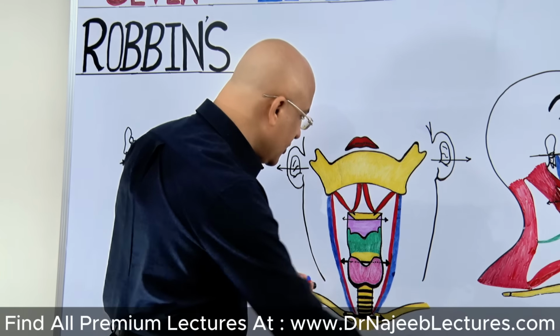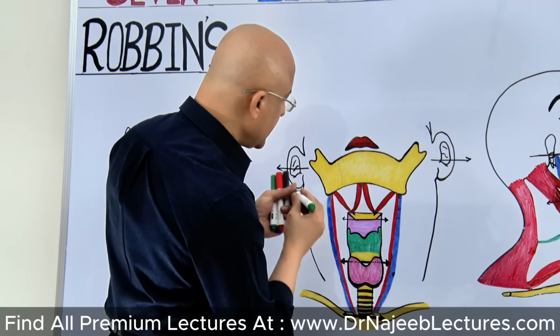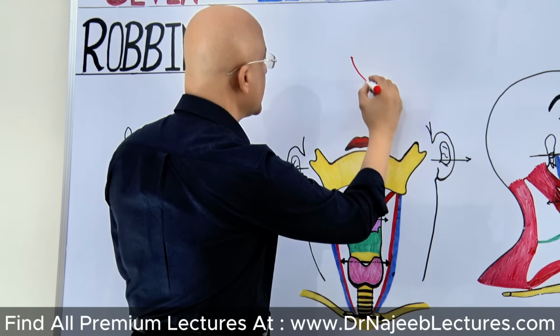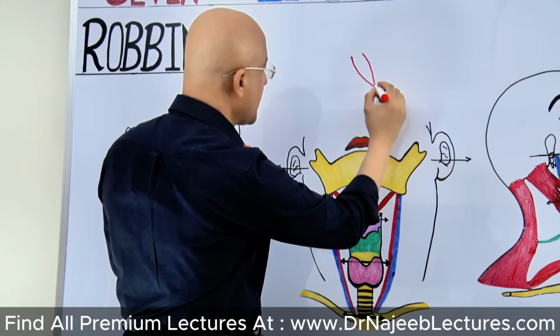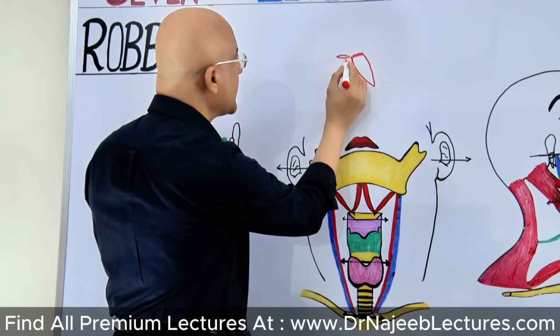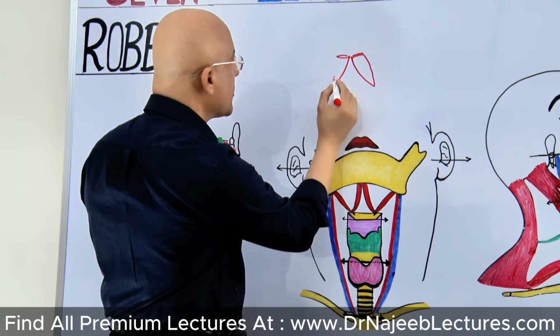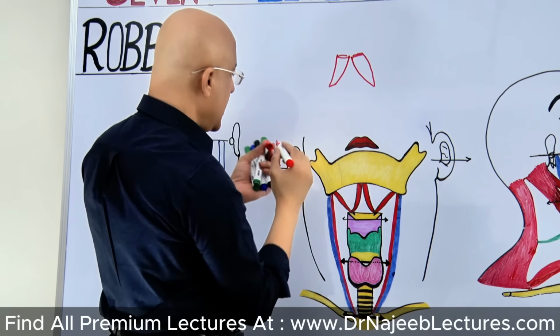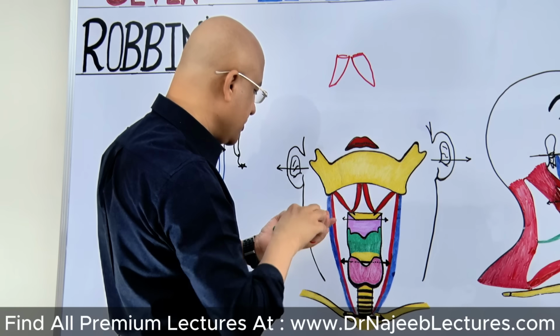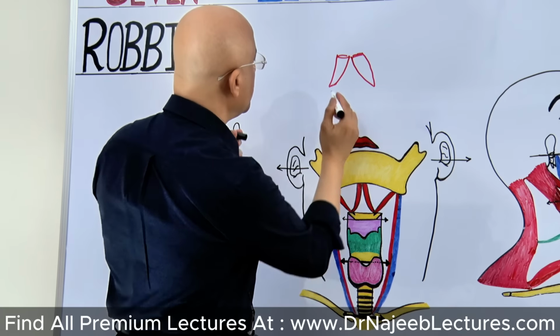I will just draw it here, the digastric anterior belly on one side, this one I have drawn, and the other digastric belly here. And what is the bone down? Hyoid bone. This is the hyoid bone.